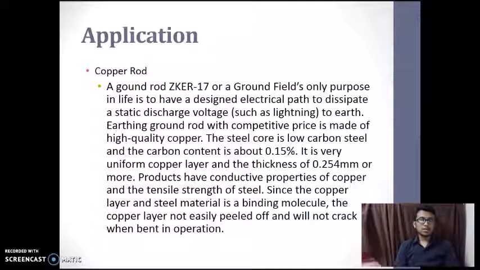The steel core is low carbon steel and the carbon content is about 0.50% only. It has a very uniform copper layer with a thickness of 0.254 mm or more. The product has the conductive properties of copper and the tensile strength of steel. Since the copper layer and steel material are bonded at the molecular level, the copper layer does not easily peel off and will not crack when bent under pressure.